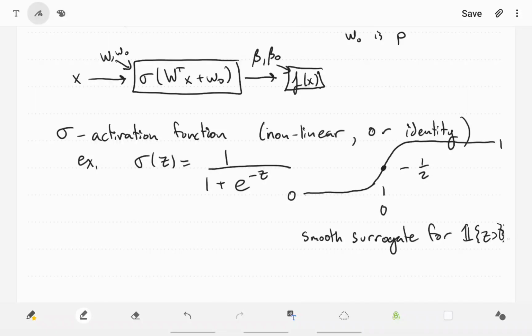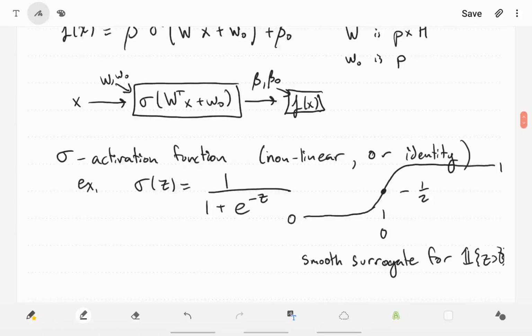Now, why would we want it to be smooth? When we go to train this, we're going to want to take derivatives or at least subgradients of this activation function because we're going to use stochastic gradient descent. If we want to make incremental changes in the w, we need gradients with respect to the w, so we need to pass our gradients through the activation function.